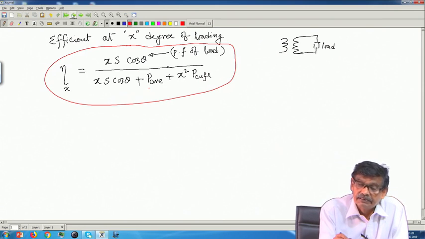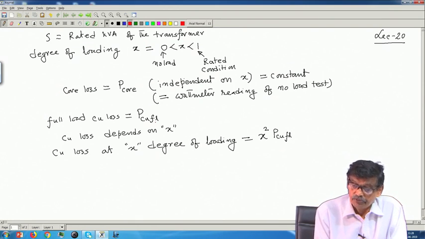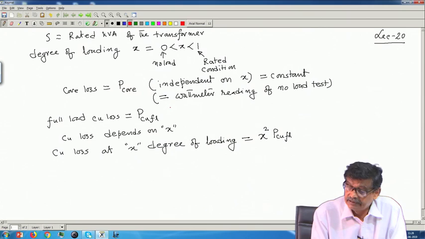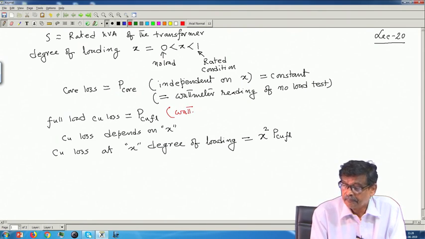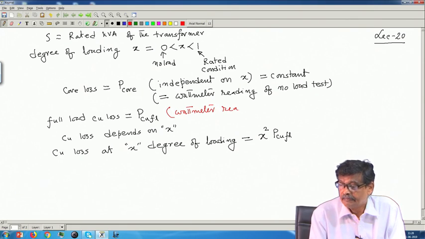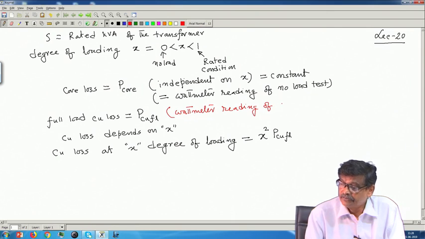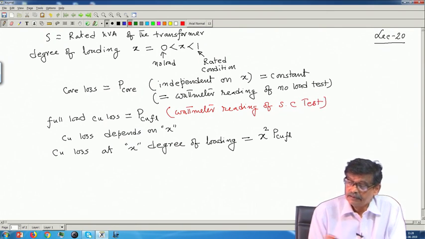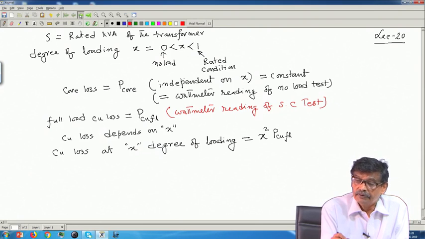You recall this P_CU full load is the wattmeter reading of the short circuit test. Got the point.